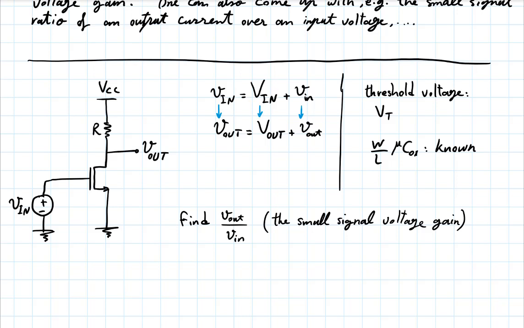Now, if I want the small signal gain, well, I just have to find V out for a given V in, and then divide the two. Now, to find V out for a given V in, I need to know the current in the collector, right?